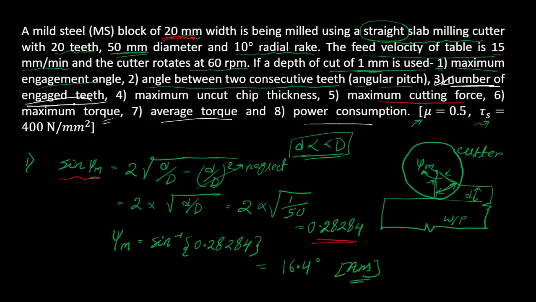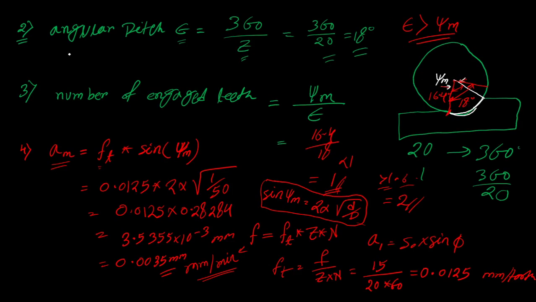To check this we need the maximum engagement angle and the angle between two consecutive teeth. This is the maximum engagement angle, this is the angular pitch, and from here I can find out the number of engaged teeth.